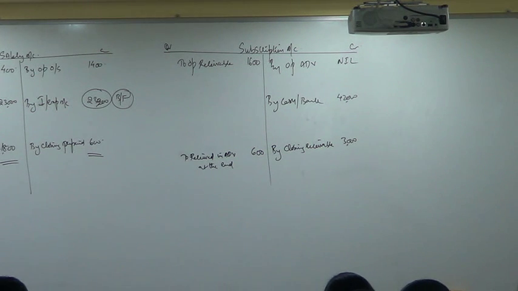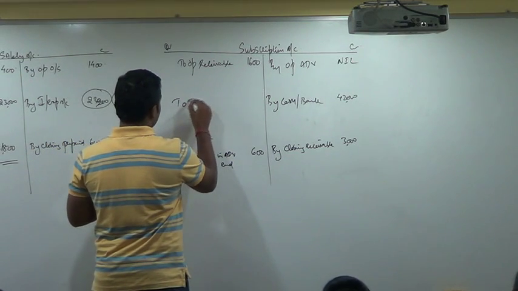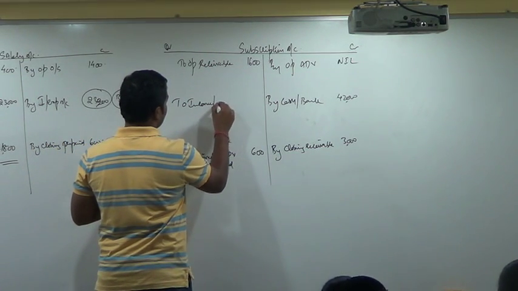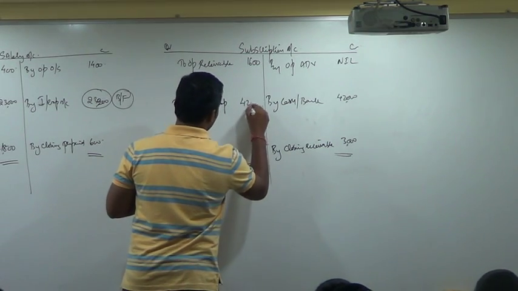So what is the balancing figure now? How much amount are we going to show as income in the profit and loss account? Not the P&L account, income and expenditure account. How much? 42,800.